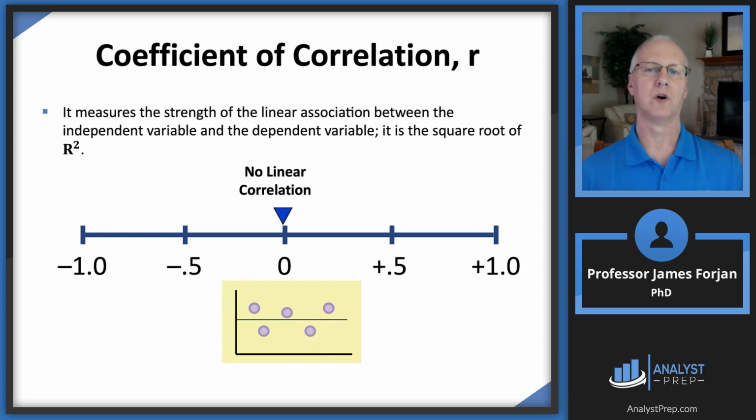Now here's the correlation coefficient. It measures the strength and the direction of a linear association between the independent variable and the dependent variable, and it is the square root of R squared, as I said a second ago. But remember, just like we talked about in the previous chapter, when you compute a covariance, that covariance term can be almost any number, from a minus 4 billion to a plus 643,000 and beyond, right?